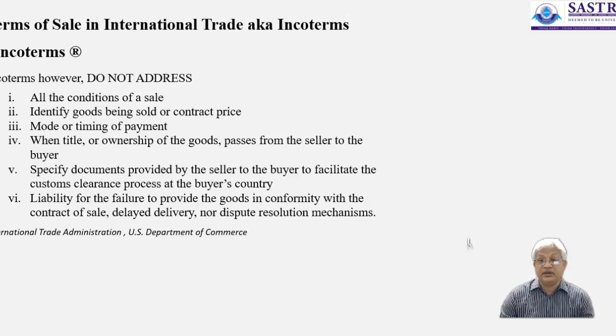Very important, it does not address when the ownership of the goods passes from seller to the buyer. It only refers to the obligation and who is responsible. Like, if the goods are loaded in the ship, certain terms of sale say that once the goods are loaded and if the goods get damaged after getting loaded, let's say there's a fire outbreak in the ship, the goods get damaged, then who's obligated?